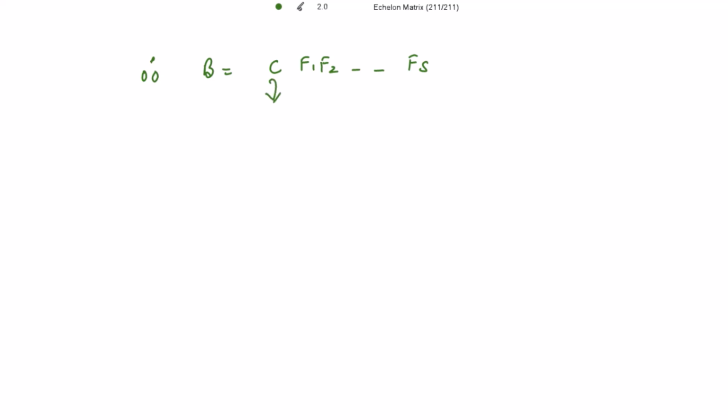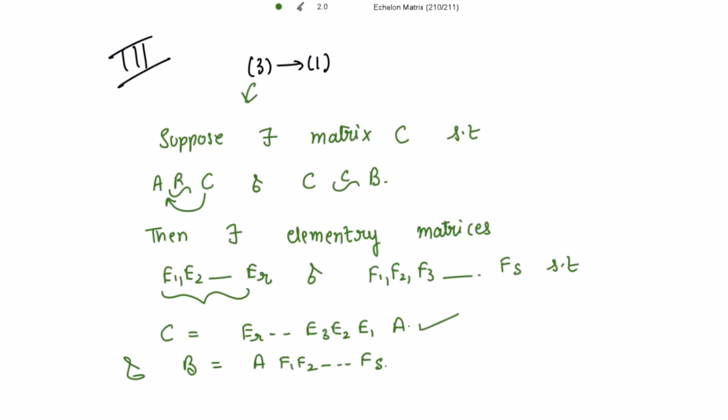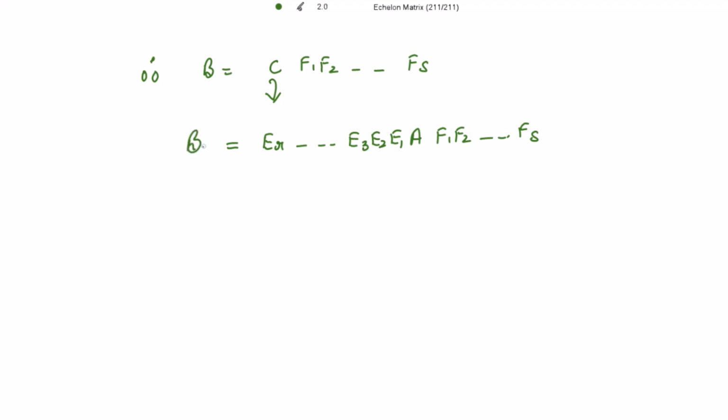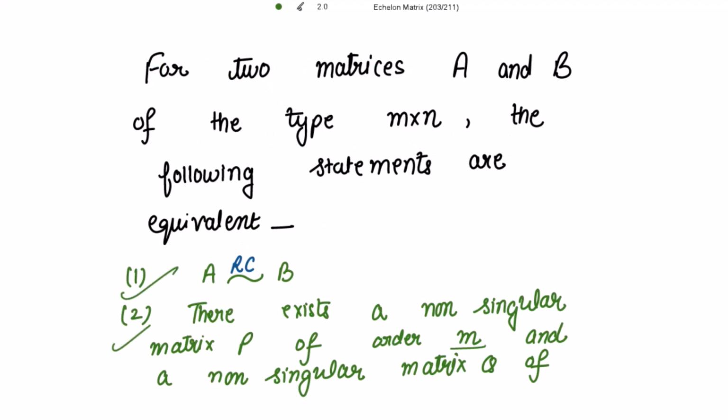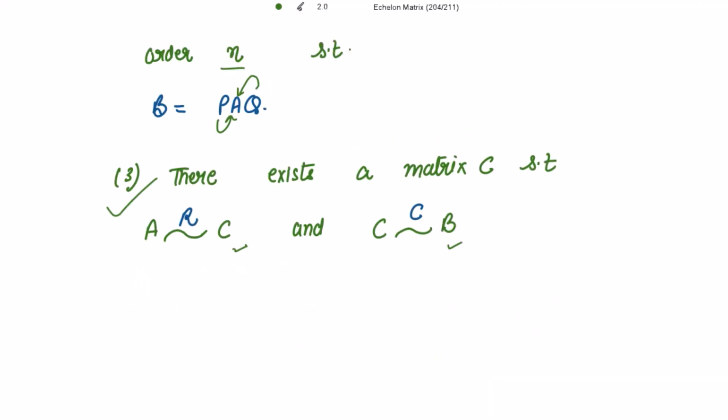Writing the value of C from here. So what does this imply? This implies that B is obtained from A by applying the row and column operations, right? Hence the result. So we have proved that all these three statements are equivalent, right? Okay, thank you.